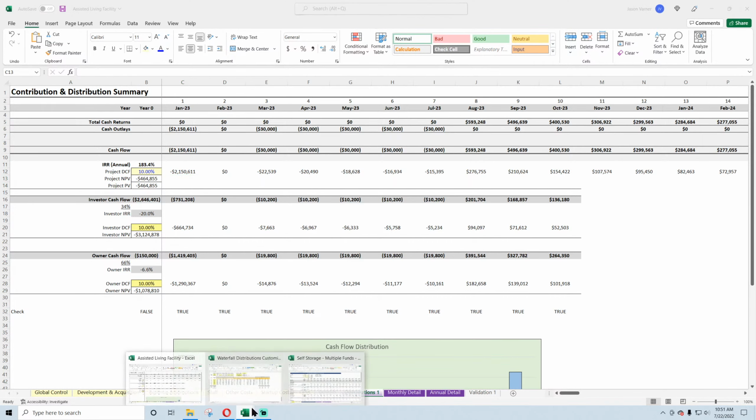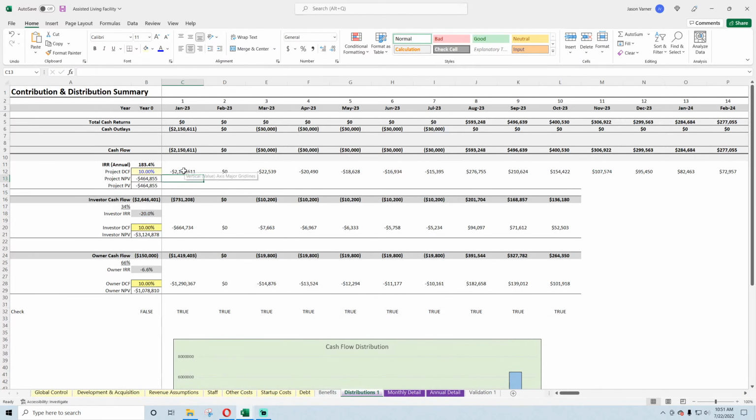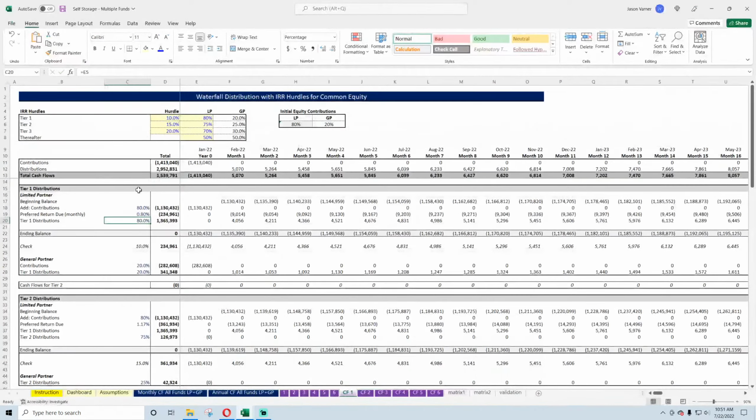Hold on, let me go back here. So what's the rate? D5 is the annual rate, so let's replace D5, which is the annual rate, which is now here. Let me see what else we have. Oh, this is so, hold on.